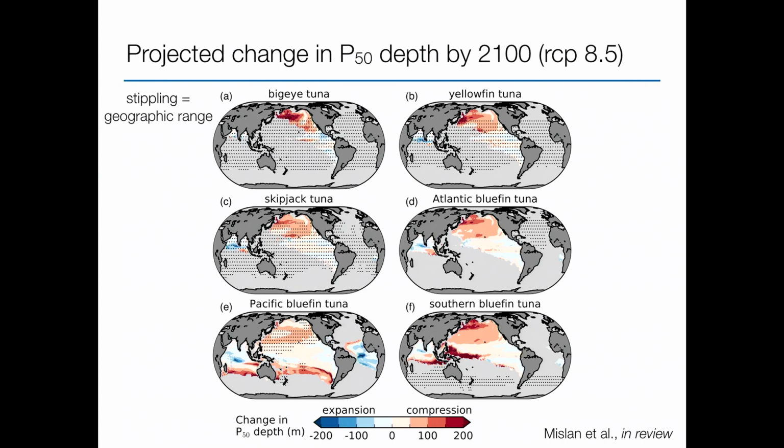But over here in the North Pacific, where a lot of these animals live, the P50 depths are going to get shallower by up to 100 to 200 meters, which would have an impact on these species. And it's going to affect a lot of the different species that live there. P50 depth is also getting shallower for the southern bluefin tuna in the spawning region, but I'll have a graph later that shows that a little more specifically.